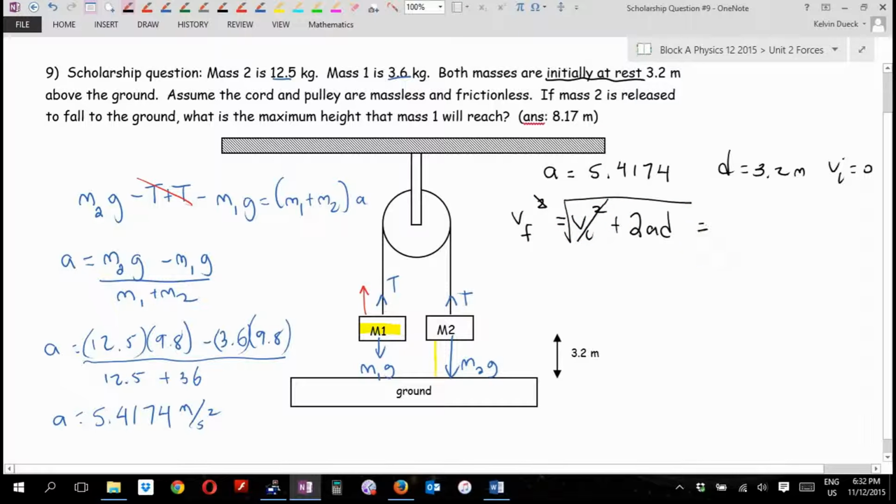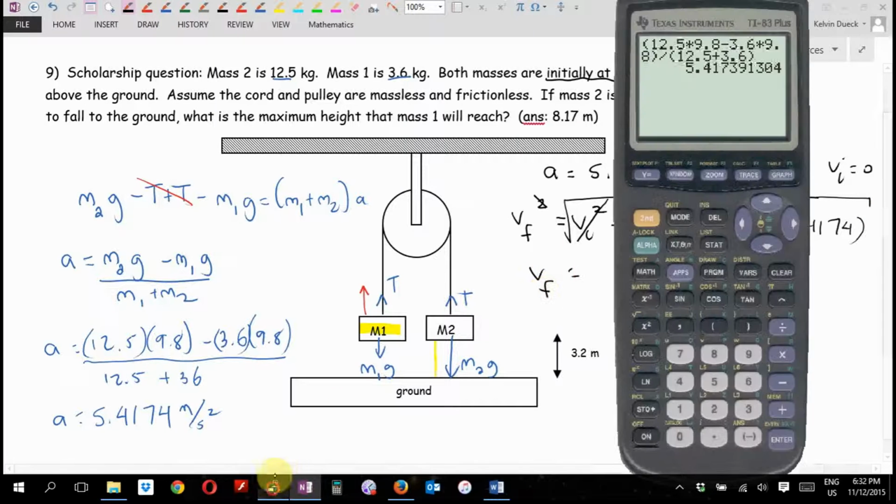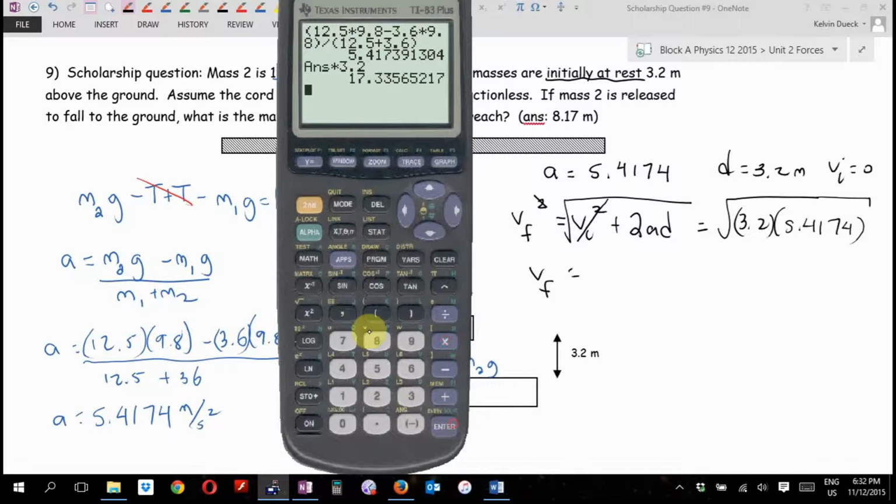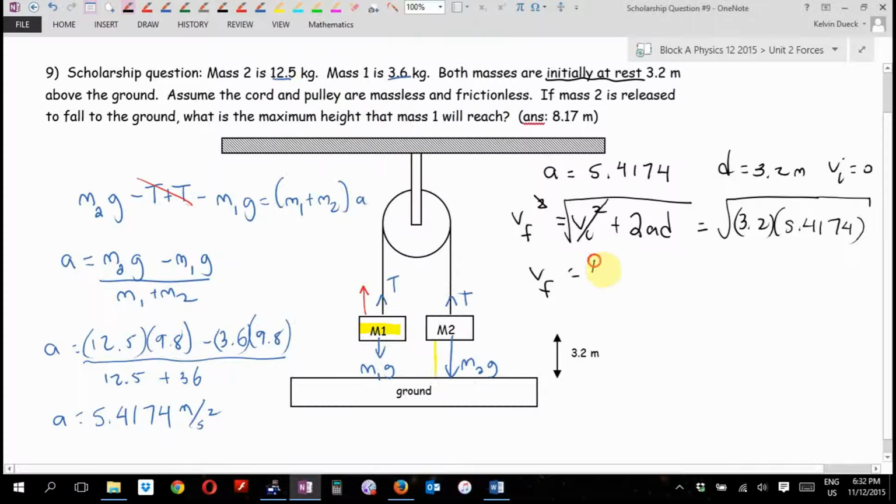The speed of mass 1 right when mass 2 hits the ground is going to be the square root of 3.2 times 5.4174, which is 4.1636 meters per second. That's how fast it's traveling when mass 2 hits the ground.